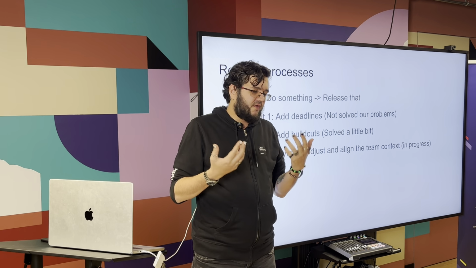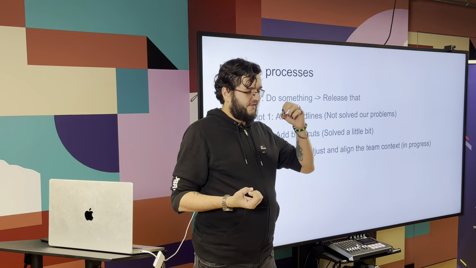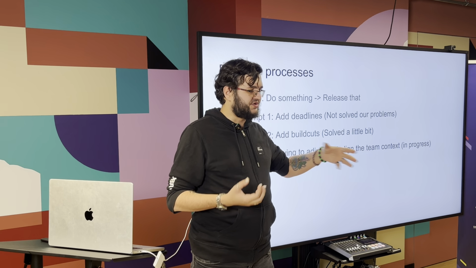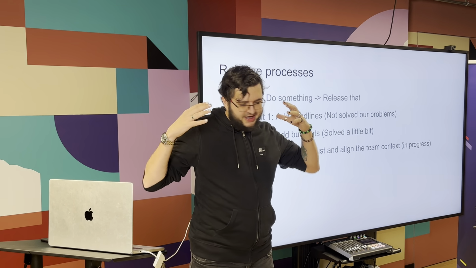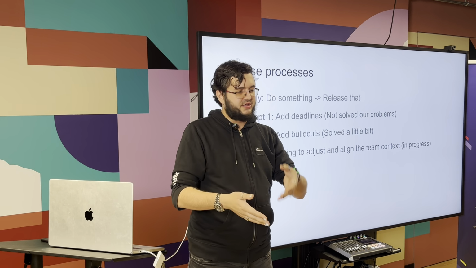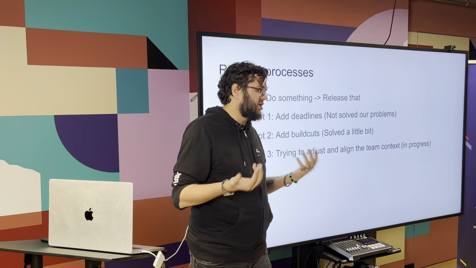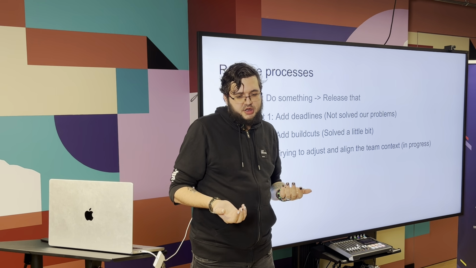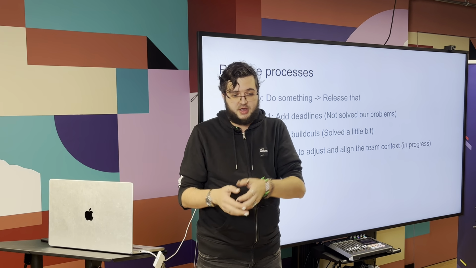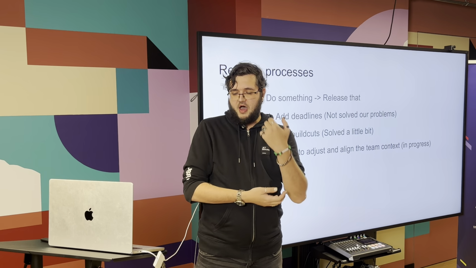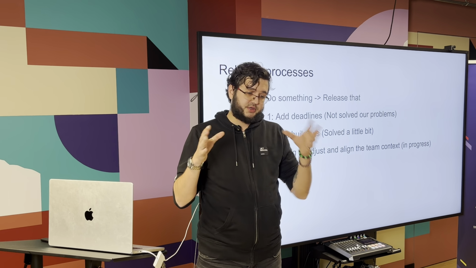But it didn't solve all our problems, because developers think that their feature is the most important in the world. They really need to include it at the last minute. And for me, as a QA engineer, it means I need to test this more, do some regression around it, and so on. After that, we made a second attempt: we added build cuts.